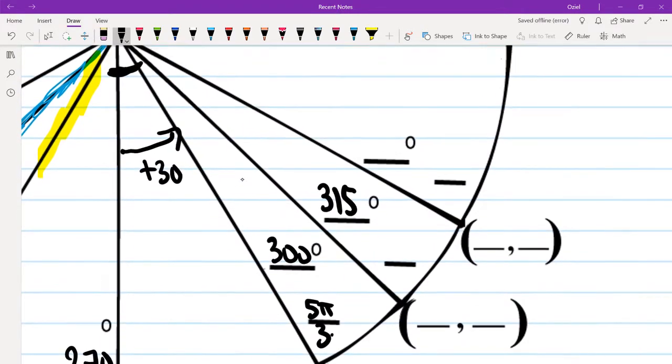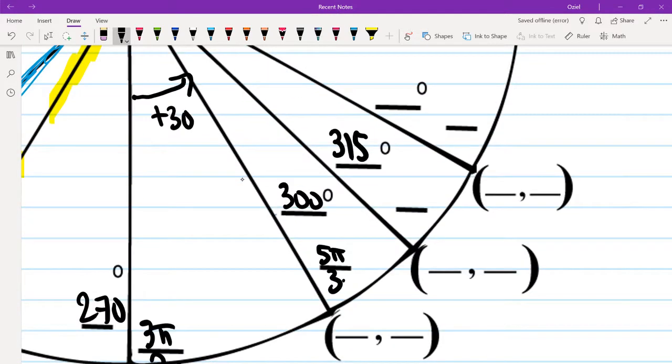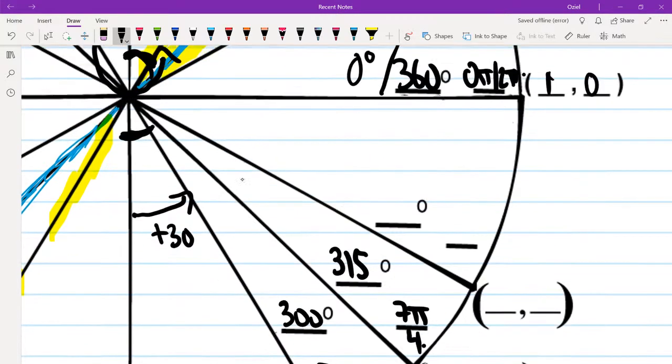So for 315 degrees, you would have 7 pi over 4.